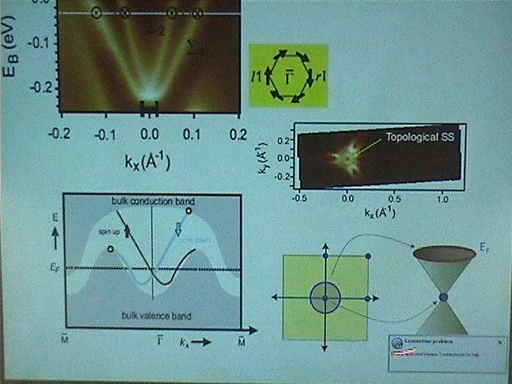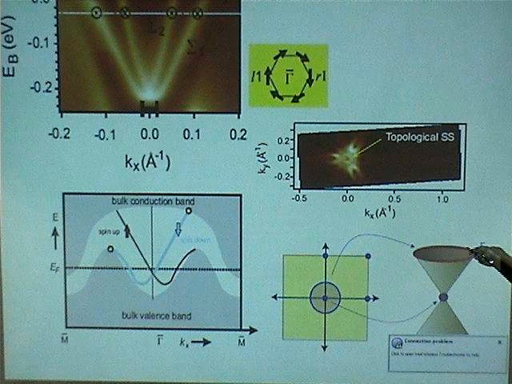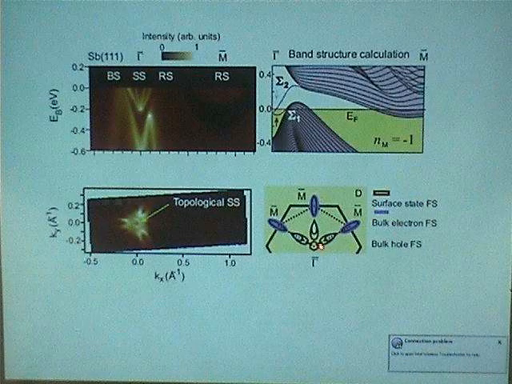There is no way to introduce a gap, no way to have a single pure surface state in an insulator. So antimony, although it is like this, its band structure does not allow you to realize that state. Now I want to look at the spin polarization on the surface.